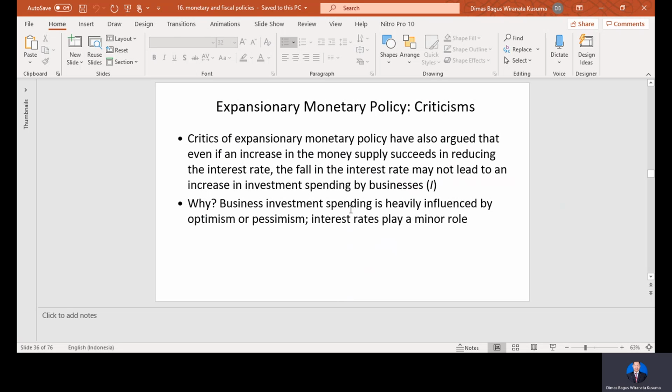Business investment spending is heavily influenced by optimism or pessimism. Interest rates play a minor role.